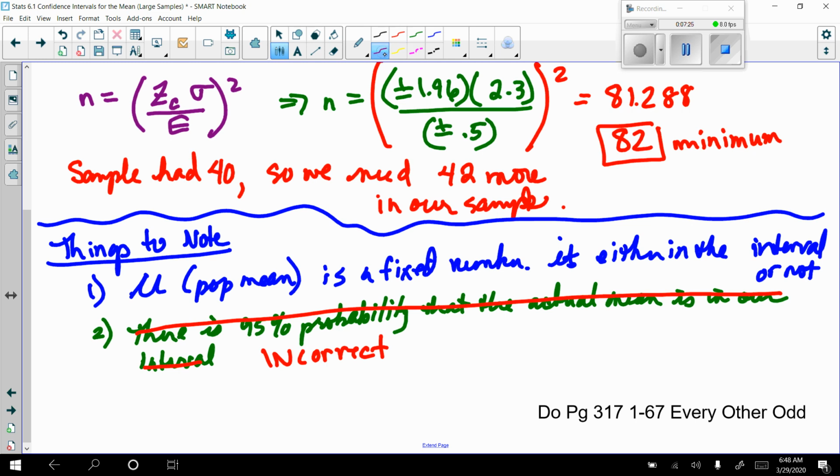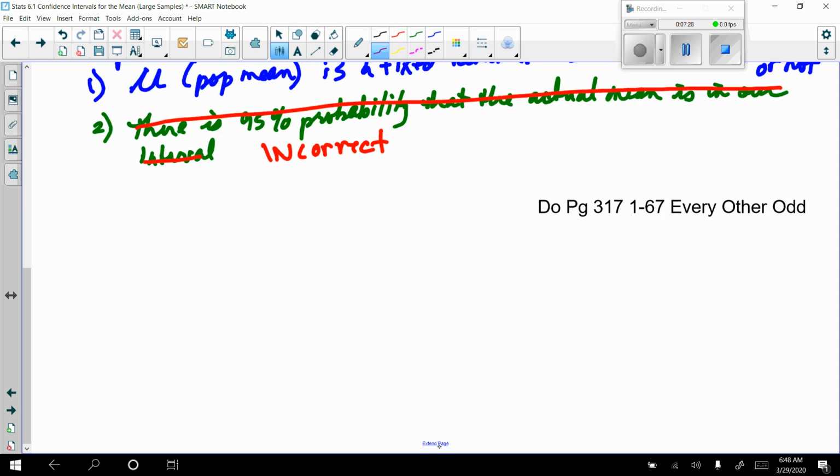Okay, the type of statement that you need to be making looks like this instead.